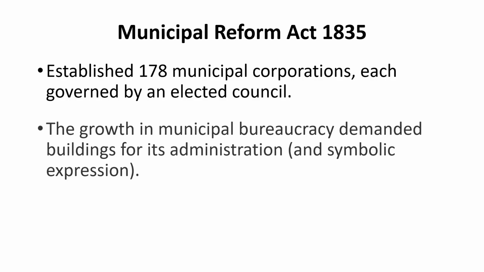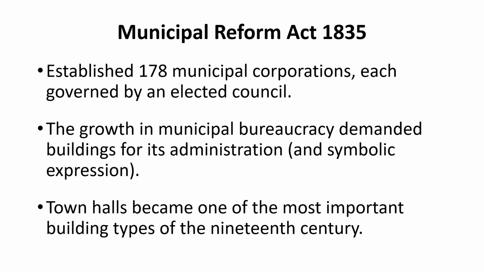This growth in municipal bureaucracy demanded buildings for its administration and its symbolic expression, because a town hall was a vital component of any aspiring Victorian town or city. So town halls became one of the most important building types of the 19th century. They must be seen as products of the new urban consciousness emerging in this age of transformation and optimism.